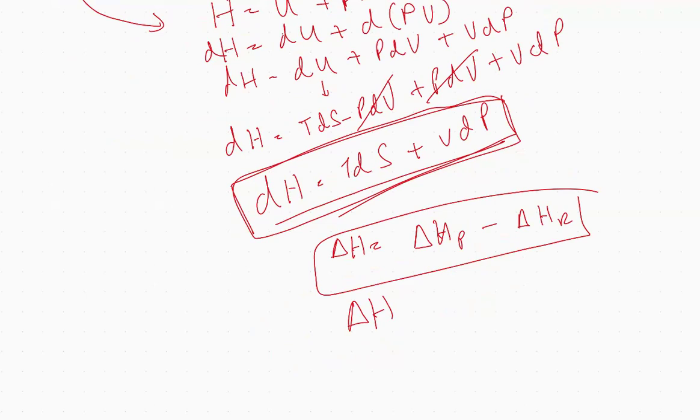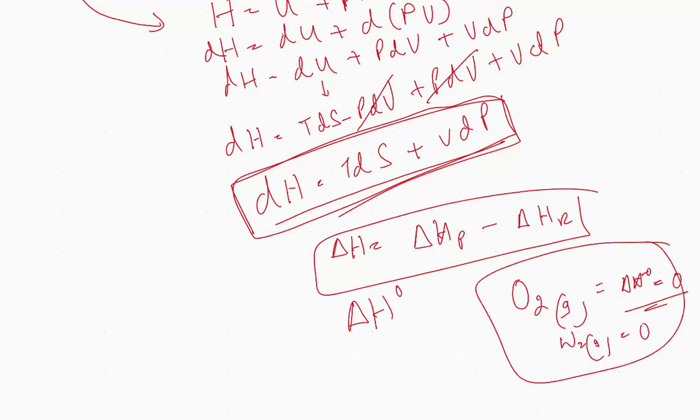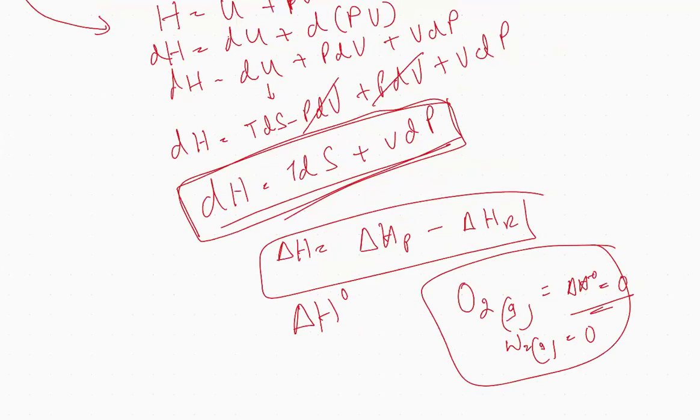Can you remember we said delta H is also 0 if they are at 1 atm and 298 K, if they're in the element form, like oxygen gas, standard would be 0, or nitrogen in its elemental form. Similar to that, only entropy works. Just because there's a new word, entropy, that is referring to disorder, don't be alarmed. Just use these equations. You will see how we use these equations when I do some questions and answers. All right, thank you.